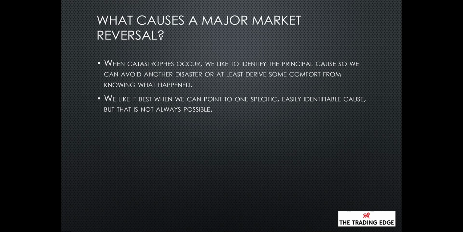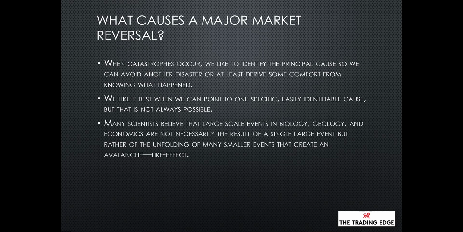This is sort of a narrative fallacy, because pointing to one specific, easily identifiable cause is rarely sufficient to describe a major market reversal. Even though it feels comfortable and it feels good narratively, the complexity of our modern financial system doesn't allow for simple answers.